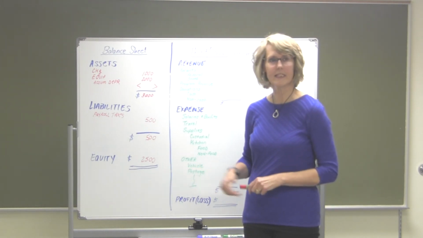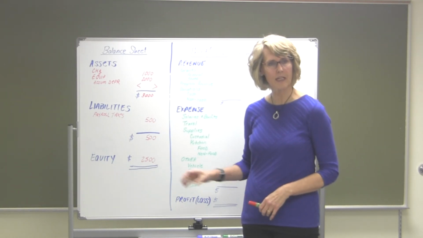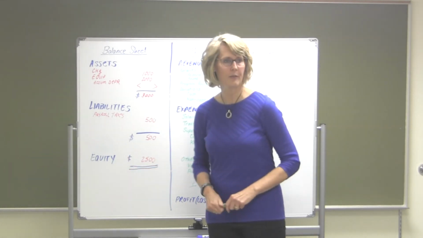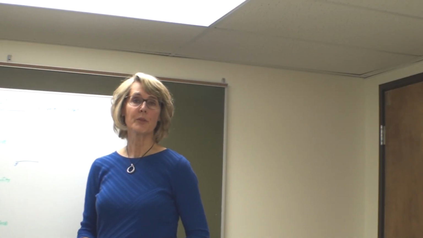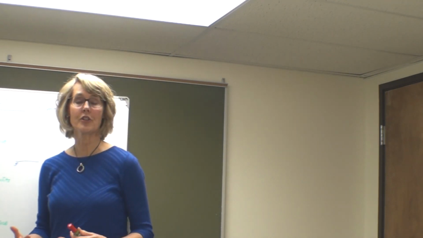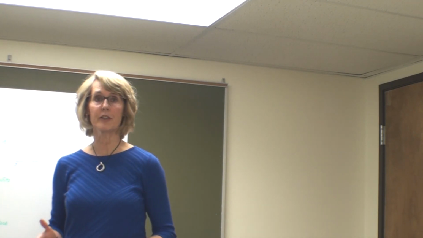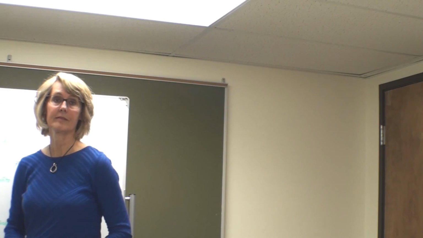I don't want to get into that right now, but you may be familiar with seeing two sections in your equity on your balance sheet, restricted and unrestricted. An example of a restricted section in your equity might be if you received a large donation to be used for some particular purpose. That would be restricted.